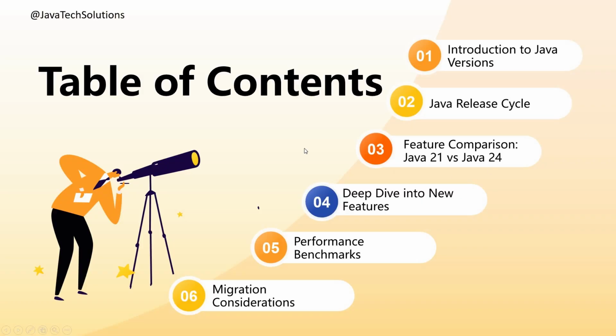We are going to cover the key differences between Java 21, which is a long term release, and Java 24, the new release. Java 24 is a short term release and 21 is the long term release version.